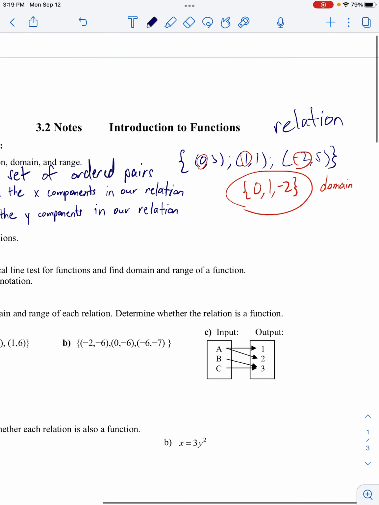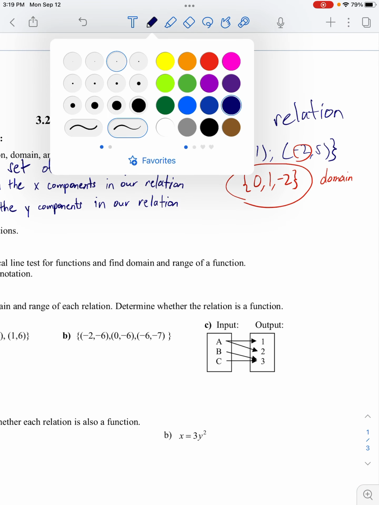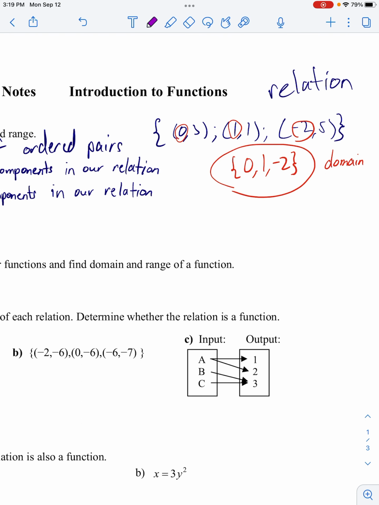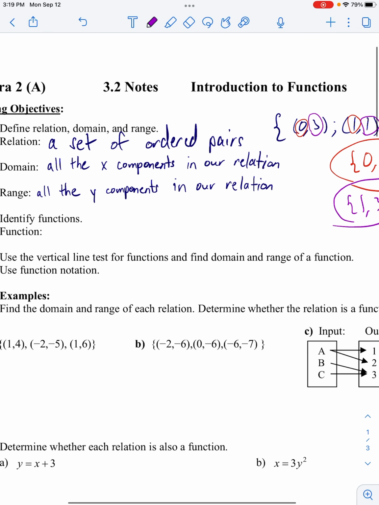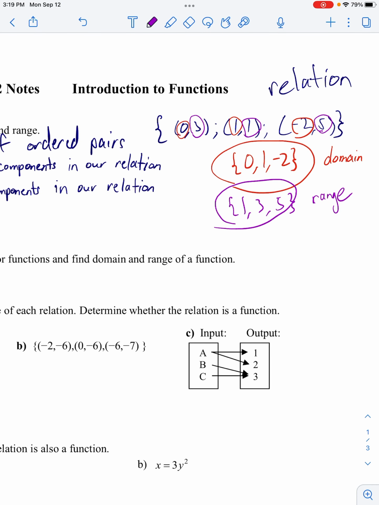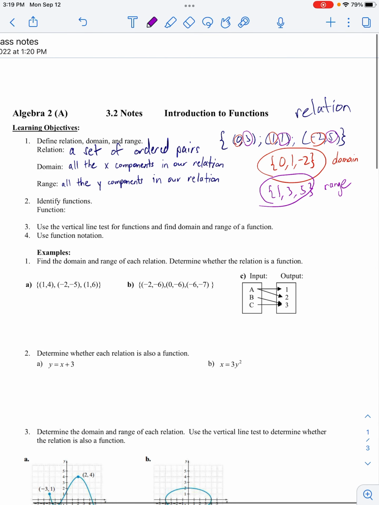So the range here would be 3, 1, and 5, so 1, 3, and 5. This would be our range. There's our range, okay? All the y components that are part of our relation. So that's how that works.